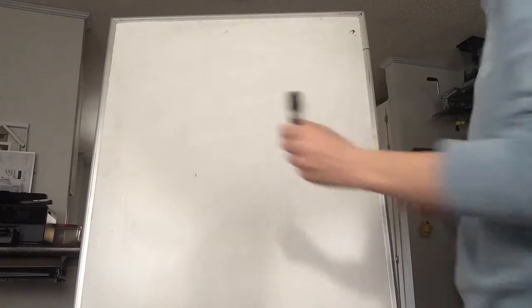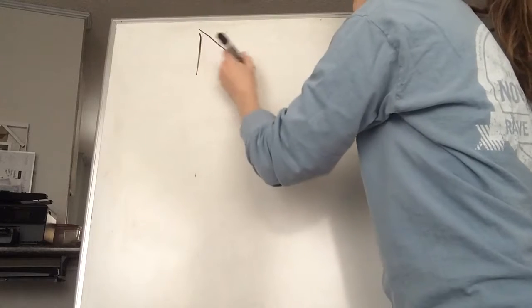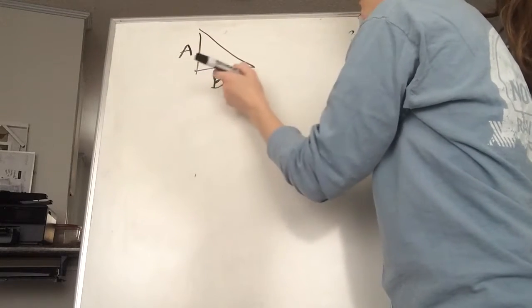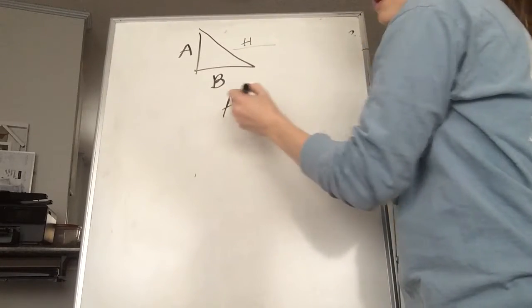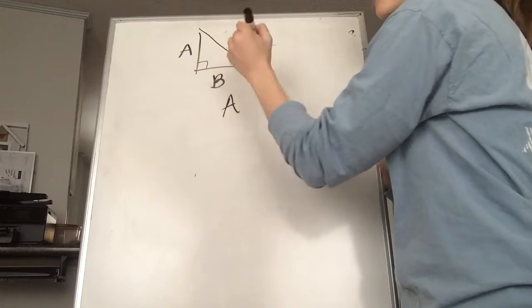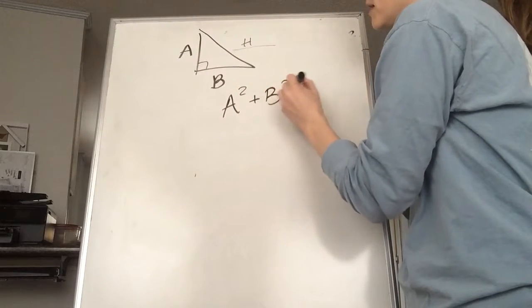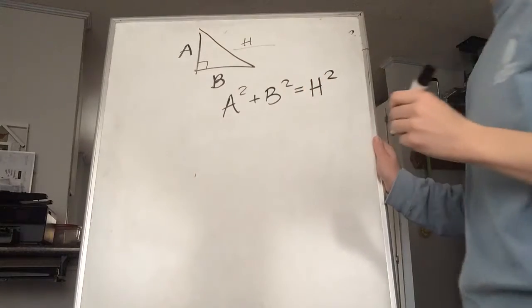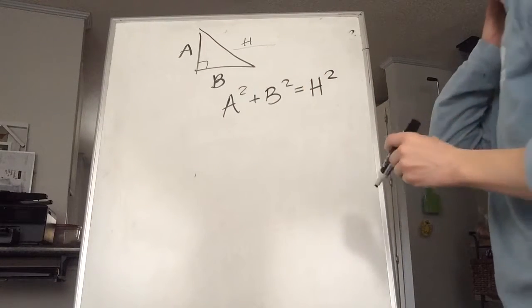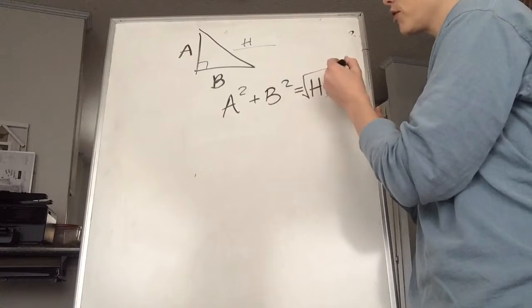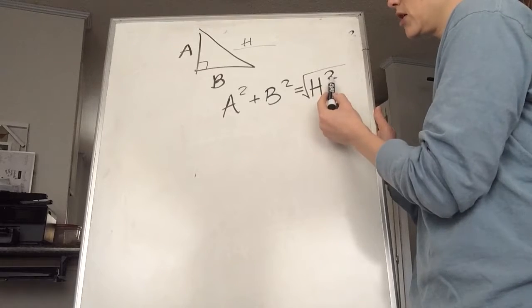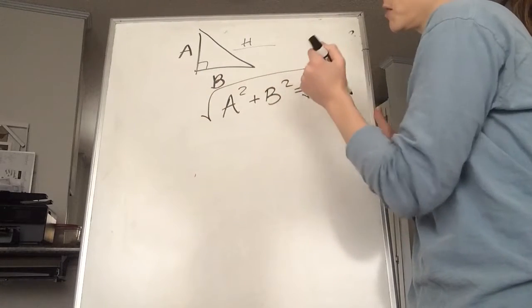Okay, number 4. If the legs of a right triangle are A and B, the length of the hypotenuse is what? If the legs of a triangle are A and B, how would you write that out for the hypotenuse? They also said a right triangle, so we know we can use the Pythagorean theorem. A squared plus B squared is equal to hypotenuse squared. The way we solve for the hypotenuse is you take the square root to undo the squared symbol, and you take the square root of that side.